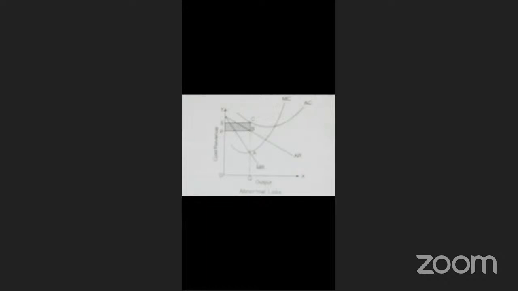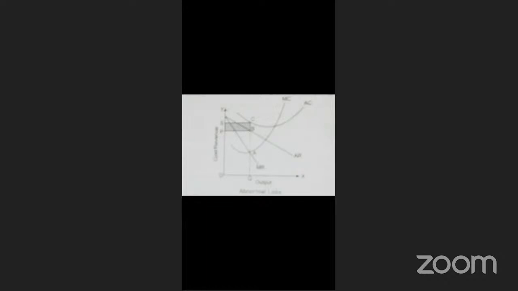If the average revenue of the firm is less than average cost at the point of equilibrium, then the firm suffers abnormal loss. Here this situation can be understood in the following diagram.